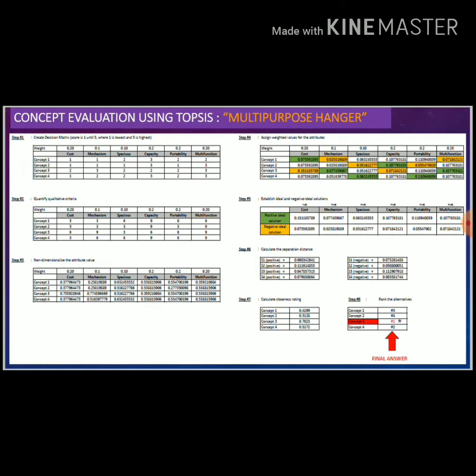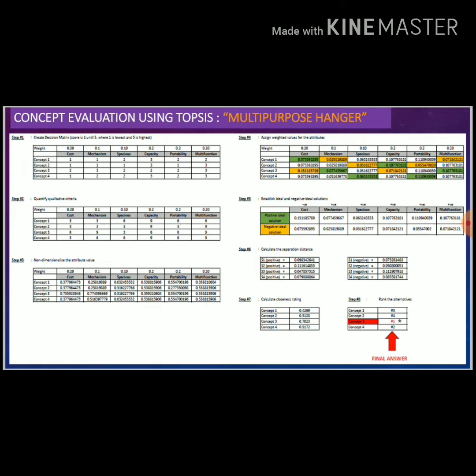This is very close to the one that we applied before in the Pugh matrix. We applied different weightages or different factors to different criteria. Followed by step number 5, we have to establish the ideal solutions, which are the positive ideal and negative ideal solutions. In step number 6, we have to calculate the separation distance.